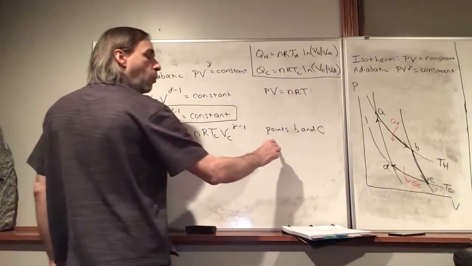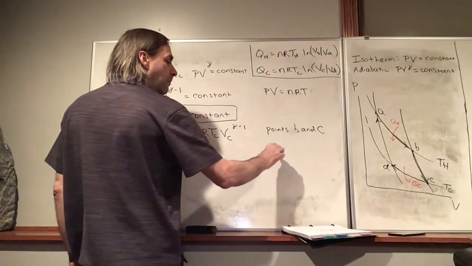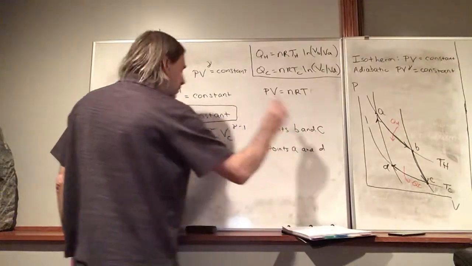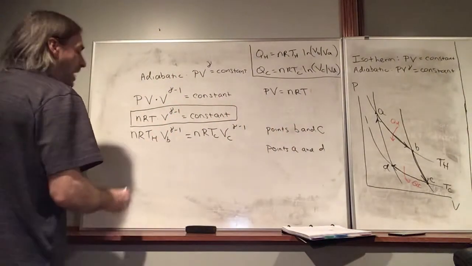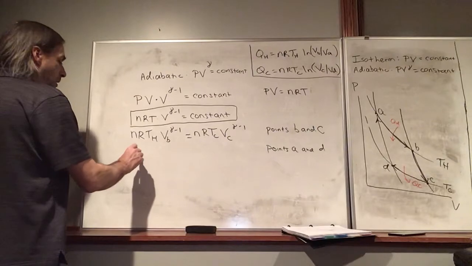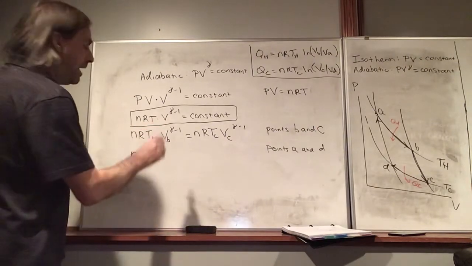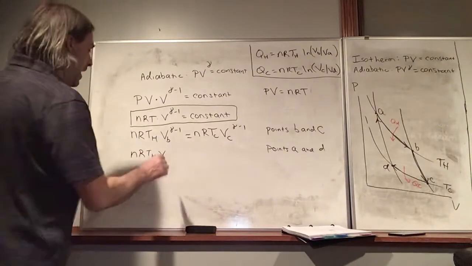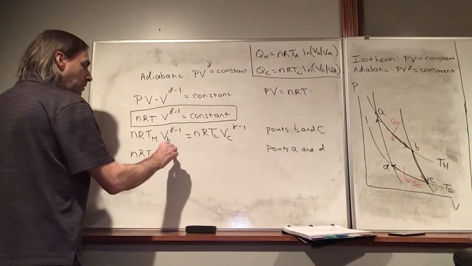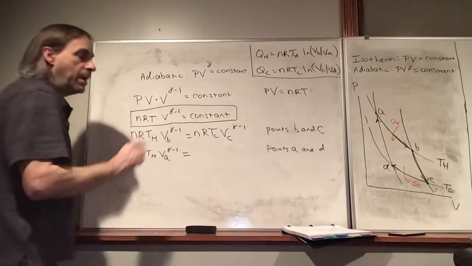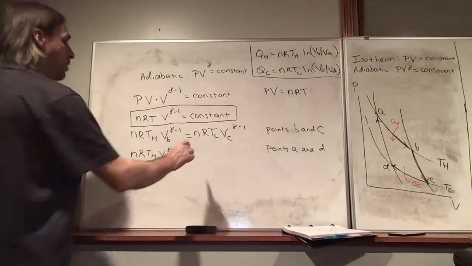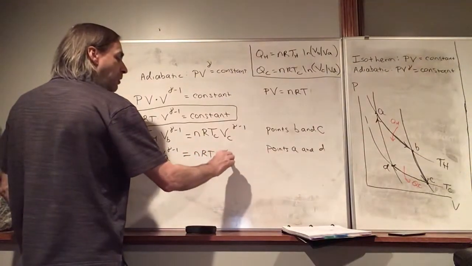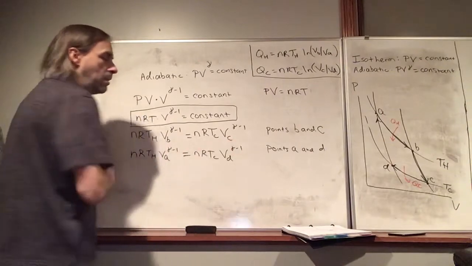Now let's look at points A and D. Okay, at point A, we have nR, at a temperature TH, and volume A to the gamma minus 1. And point D is on the same adiabatic curve, so we have nR, again at a temperature TC and a volume D. So we've got that equation.